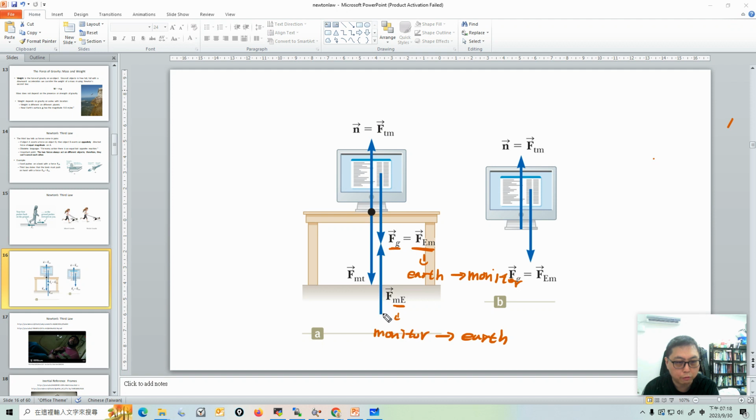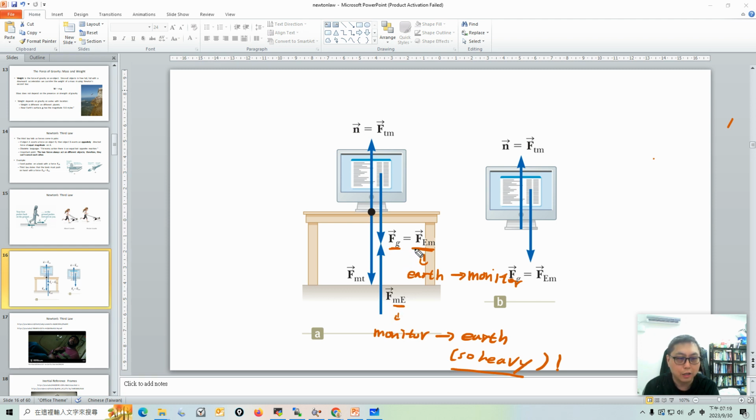Why don't we feel this force? Because the Earth is so heavy. The monitor does pull the Earth upward, that's true, but the Earth is so heavy that we almost cannot feel this force.